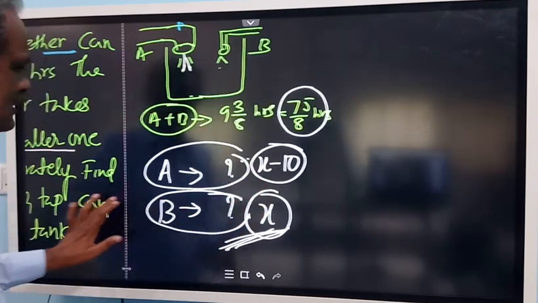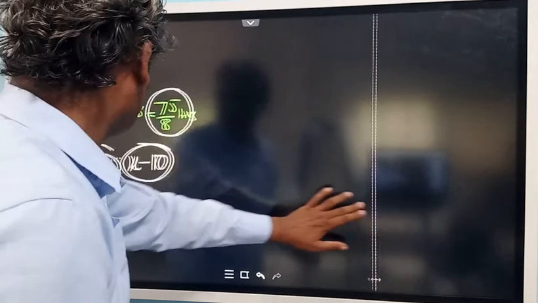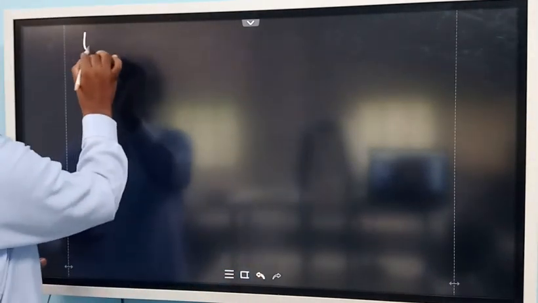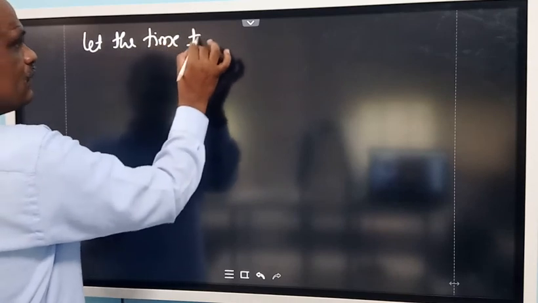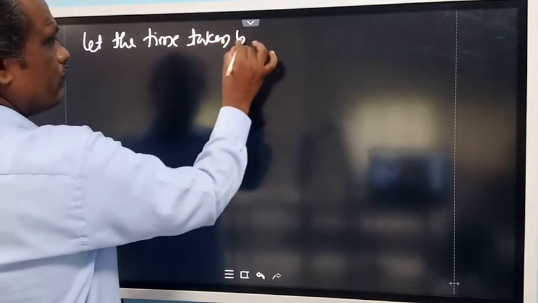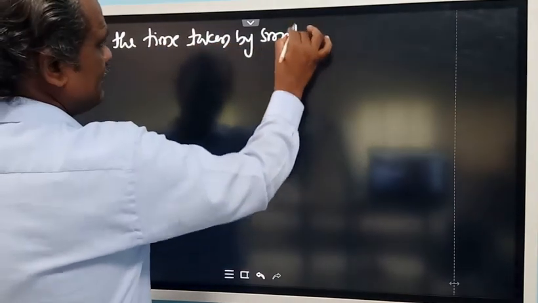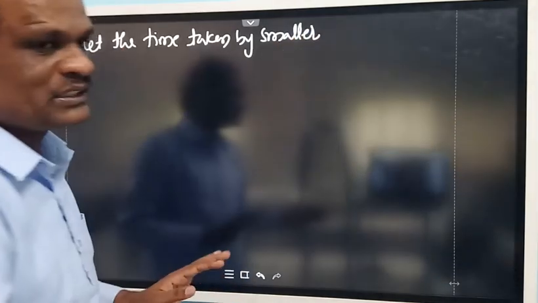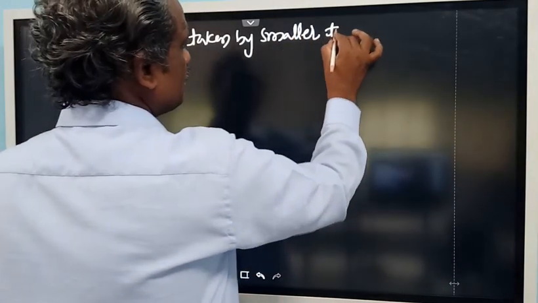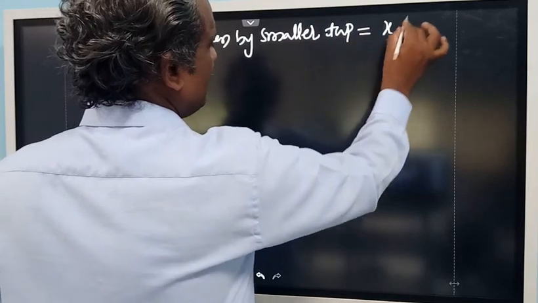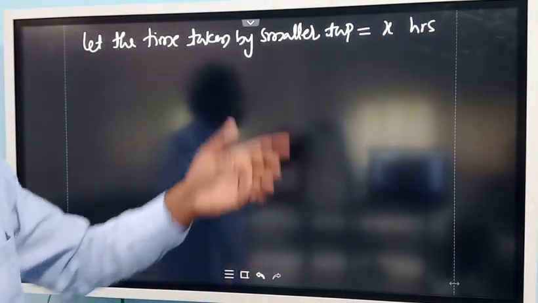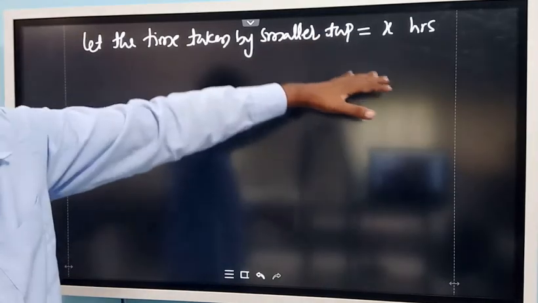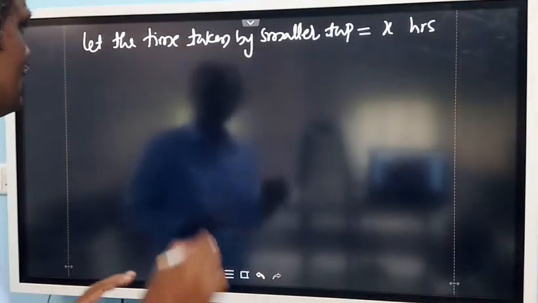So we can write systematically like this. Let the time taken by the smaller tap be X hours. The smaller tap, turned on separately, fills the complete tank in X hours.